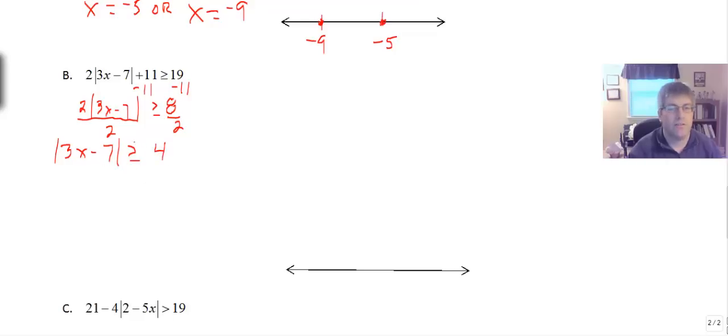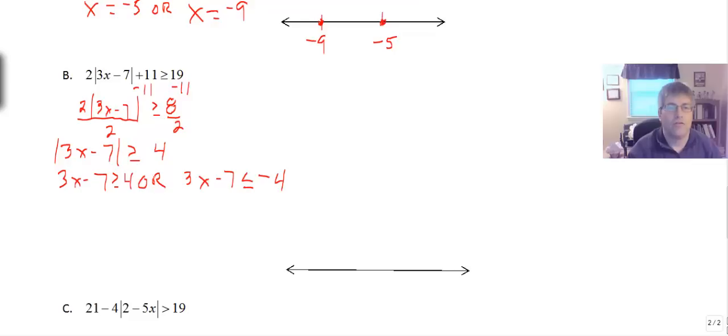Our distance is greater than, so this is going to be an OR problem. I drop the absolute value bars. I keep everything the same, so I have 3x minus 7 is greater than or equal to 4. Or I drop the absolute value bars, flip the direction of my inequality, and take the opposite sign.